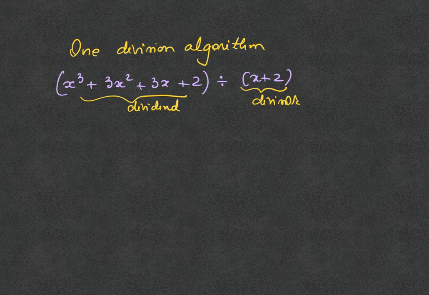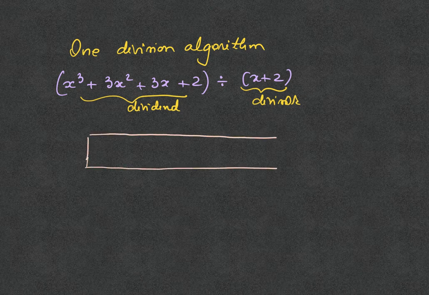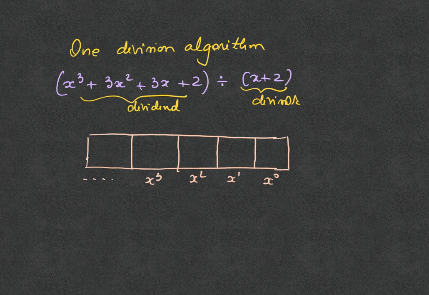So as you know, I like very much graphical representations, and I can think of the dividend as being a series of boxes where here we have the term in x to the power of 0, here we have the term in x to the power of 1, the term in x squared, the term in x cubed, and so on. You might start to recognize already the exploding dots algorithm.